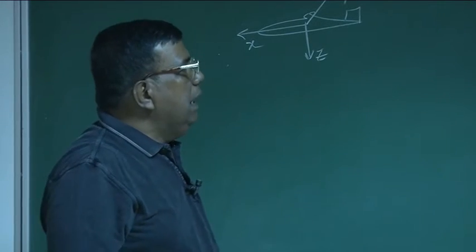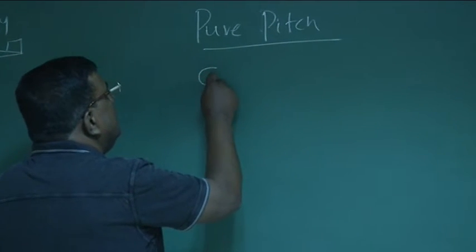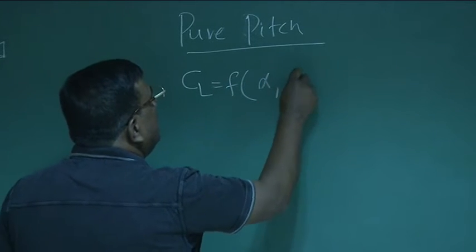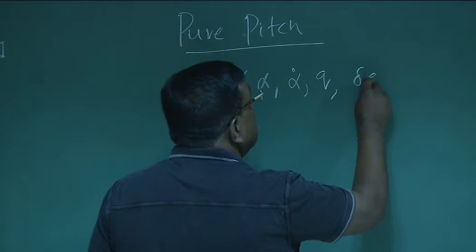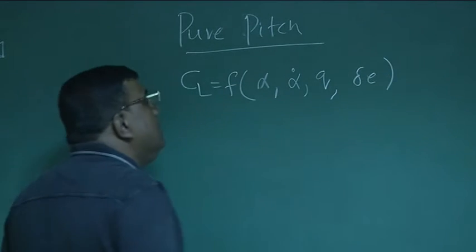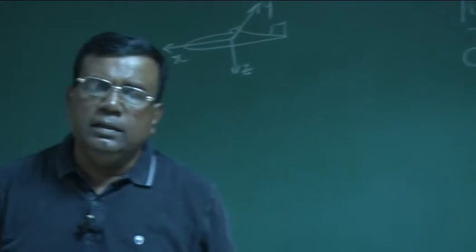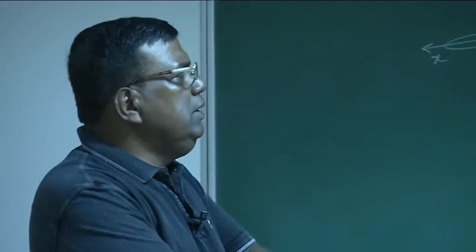Okay? And we know by now that CL is a function of alpha dot, q, delta E. For a highly maneuverable airplane, the CL will be a function of other state variables also.